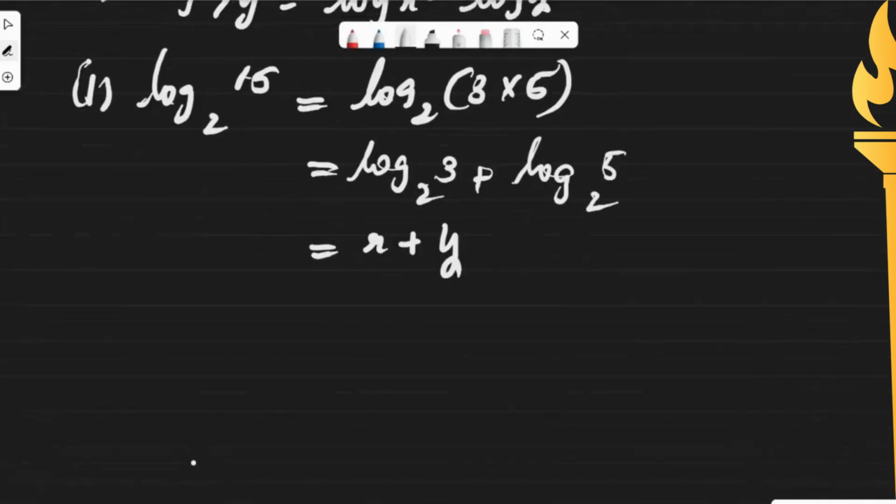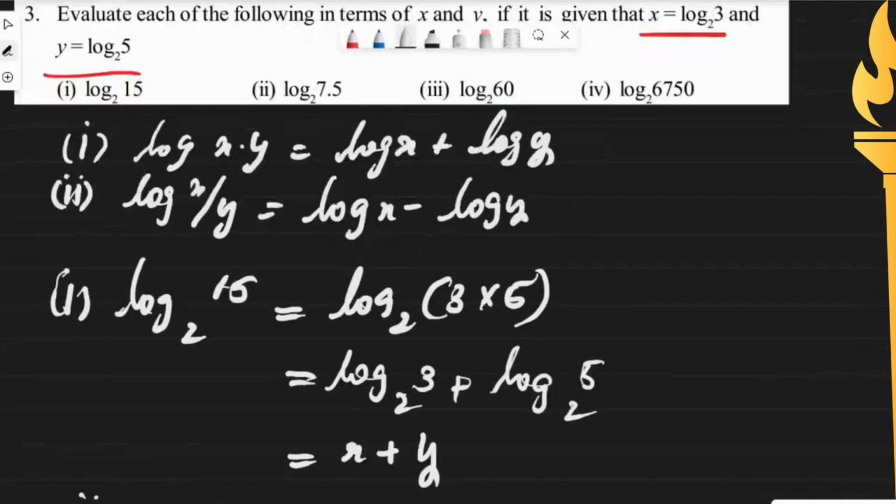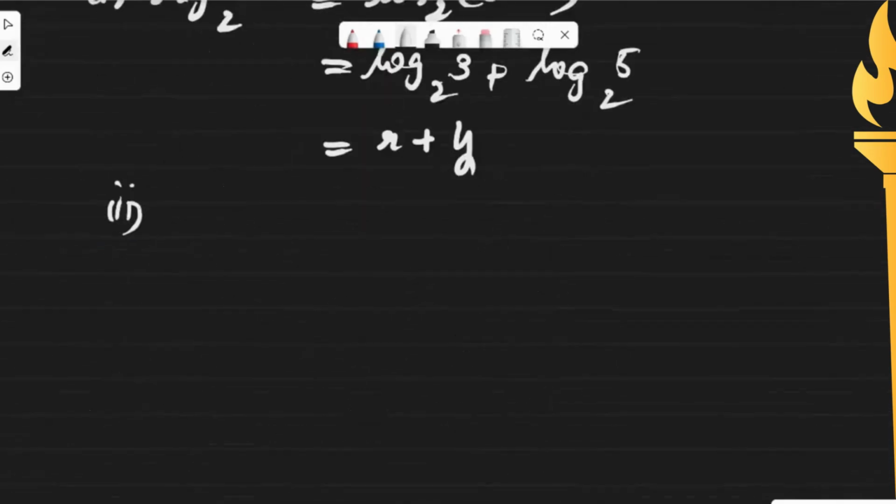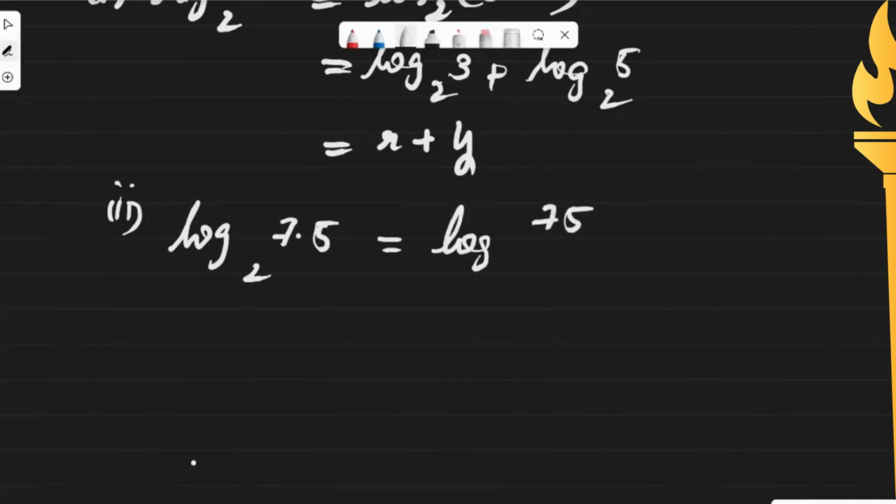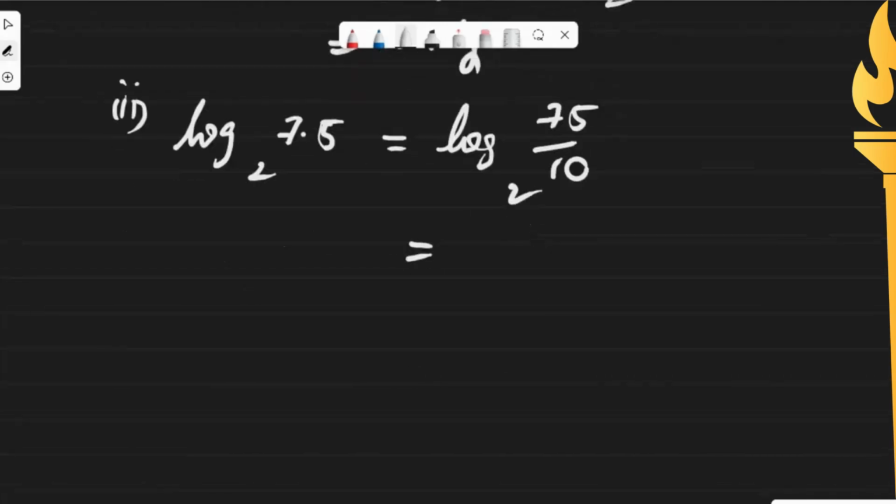Next, second one we have log 7.5 base 2. So 7.5 can be written as 75 by 10 base 2. Next, second point, log x by y is log x minus log y.